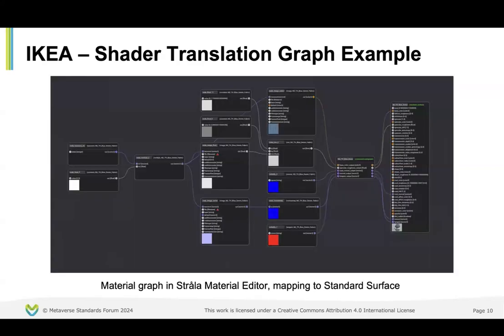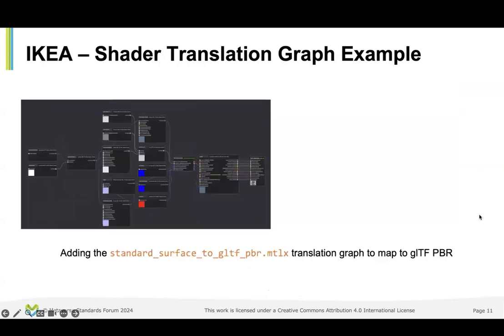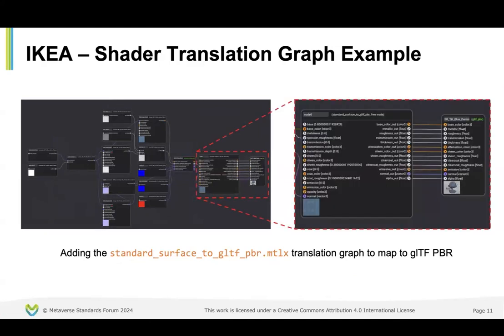And in the shading graph for standard surface here, on the left-hand side you have the inputs to the shading model, and then you have standard surface on the right-hand side. If you want to translate this now to glTF PBR, you can just plug in the node that I showed on the previous slide, standard surface to glTF PBR, and that maps all these input parameters from standard surface to the glTF PBR node.